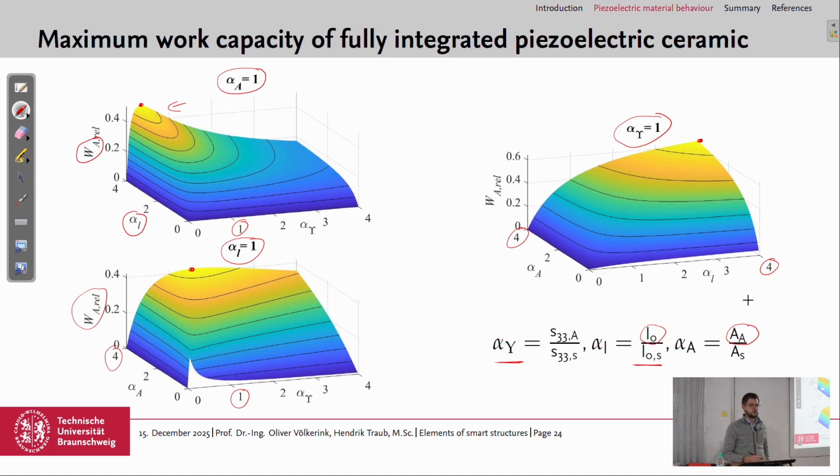So we have to homogenize the stiffnesses and also the geometry to get the maximum work capacity for a smart structure if we use this piezo ceramic materials to deform the structure.